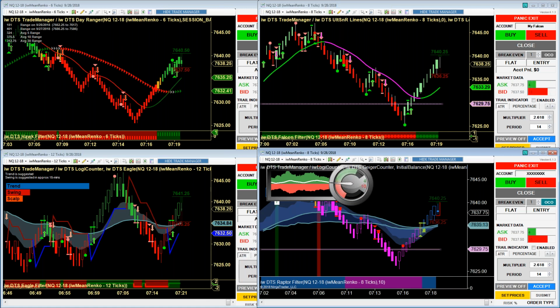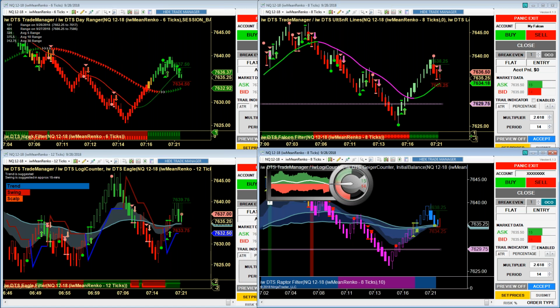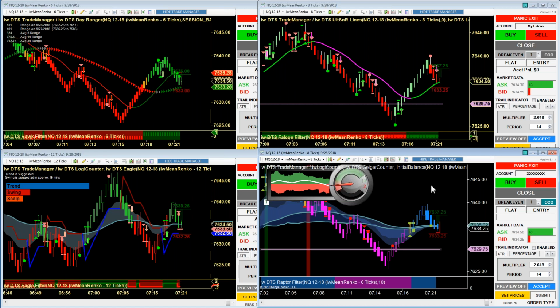Glancing back at the euro US dollar pair, there's not much going on there either. The market's very quiet today. And you can tell by the trading band as well.